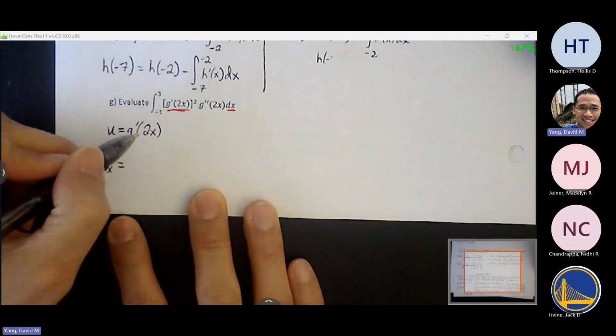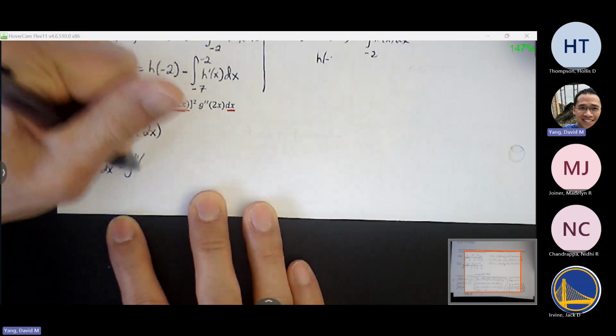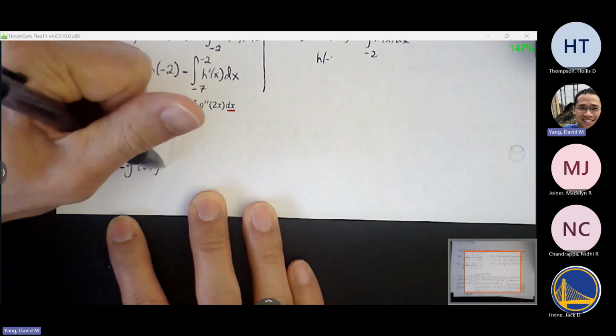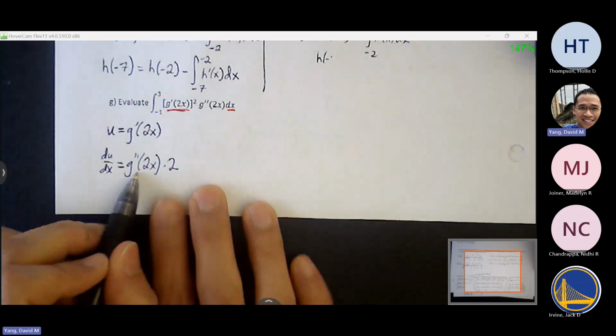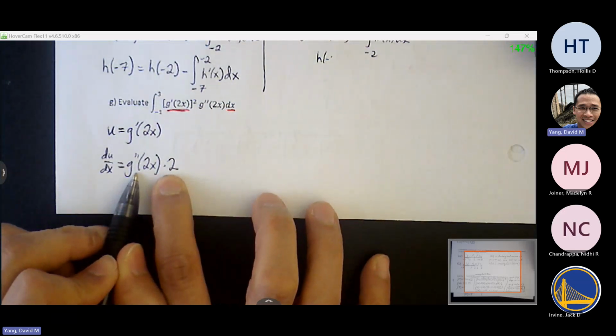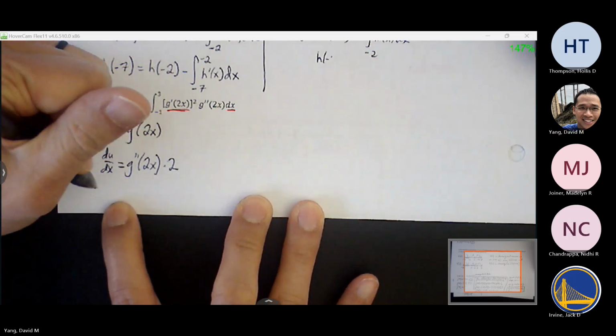All right, so g prime of 2x, the rule for the derivative of g prime of 2x is g double prime of 2x times what? Times 2, yeah, chain rule, right? I got outside, inside, I got to involve both. Cross multiply.